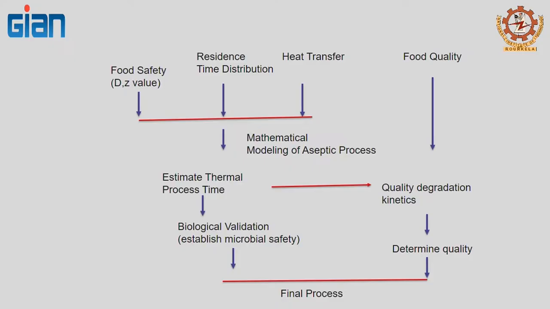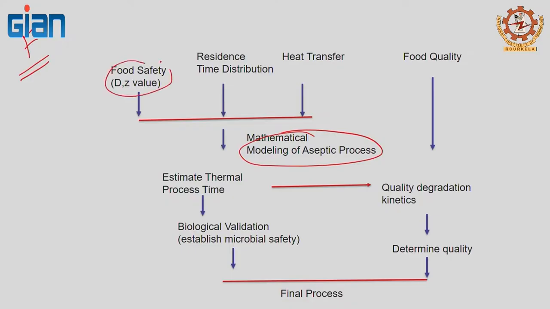From knowing the D value and Z value, you can calculate what they call the F value. That is very straightforward to calculate in the case of canning. In the case of aseptic, it is much more complex. So, this is where we have to use a mathematical modeling tool.